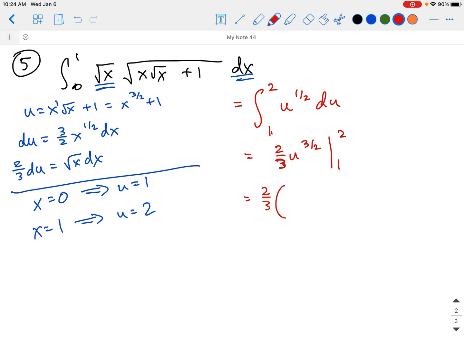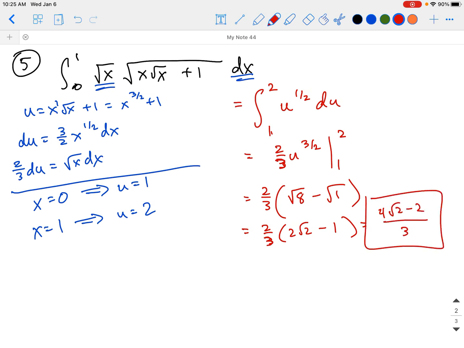So u to the 3/2 evaluated at 2 is going to be the square root of 8 minus the square root of 1, which is the same as 2 radical 2 minus 1. So we'll end up with 4 rad 2 minus 2 all over 3, or some equivalent expression.